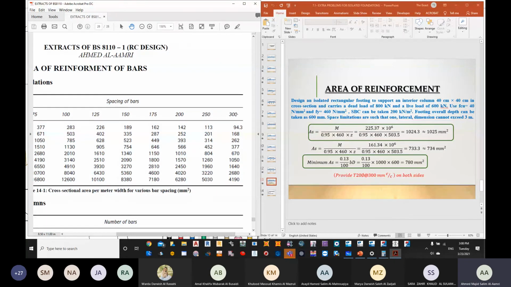So if I'm using 300, then my area of reinforcement is going to be 1050. Okay, if I'm using 300 mm, then it is going to be 1050 mm square.